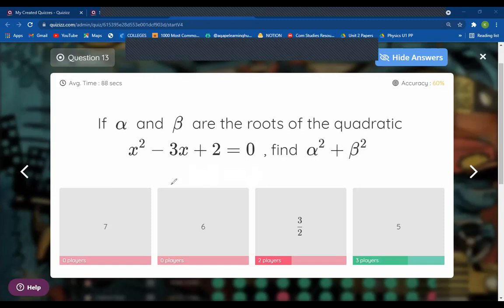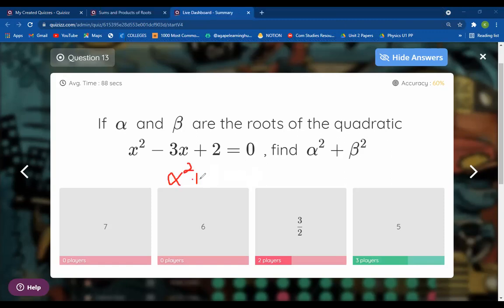Okay, so you need to remember alpha squared plus beta squared. Somebody tell me, what's this equal to? Alpha squared plus beta squared. Alpha plus beta squared? Not just that. Something missing. Anybody know what's missing? Alpha squared plus beta squared is not equal to alpha plus beta squared.